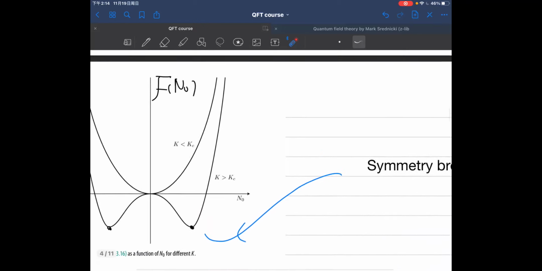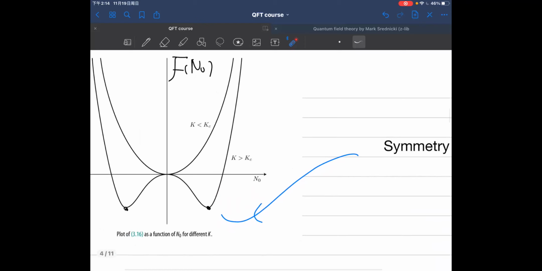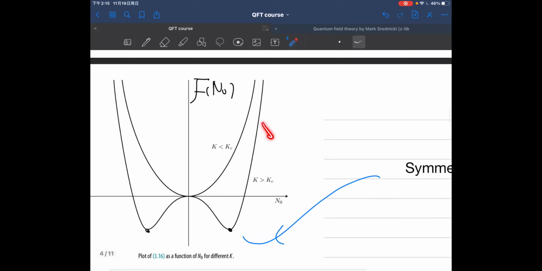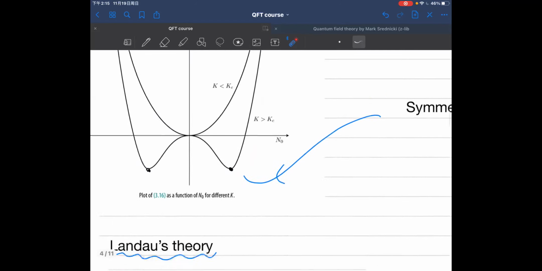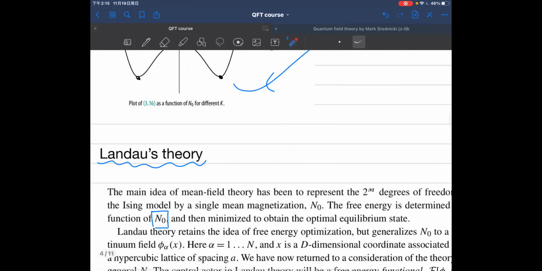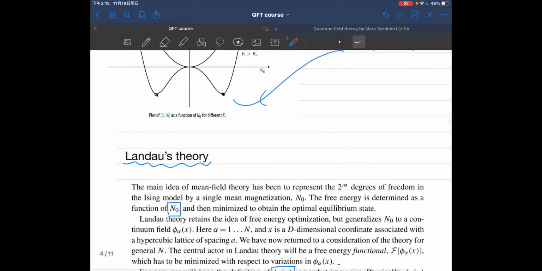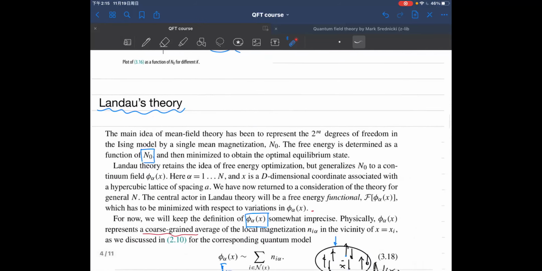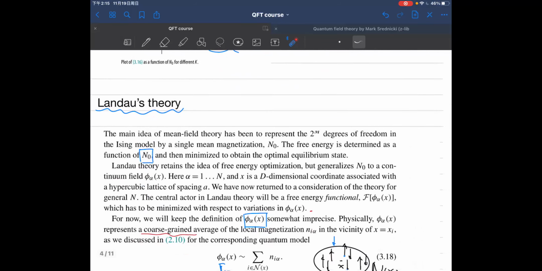But for dynamical symmetry breaking, we need to consider the loop correction, one loop and other loops, to give a correct diagram. Then we can see the phase transition. This is dynamical symmetry breaking. Okay, this is my personal understanding of this topic.